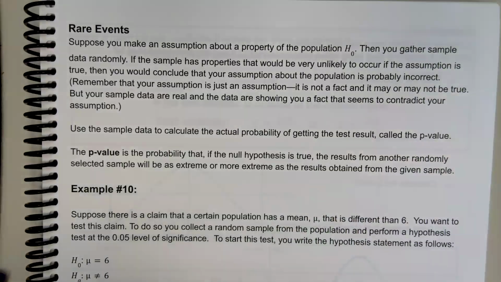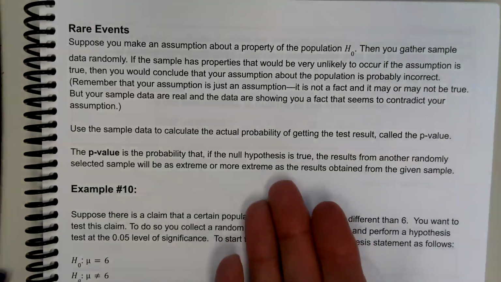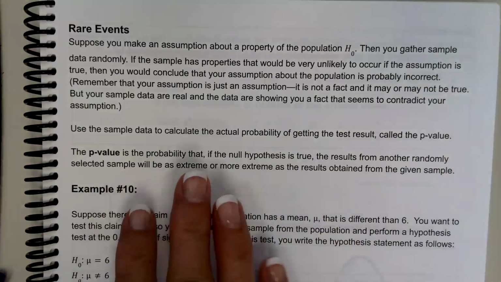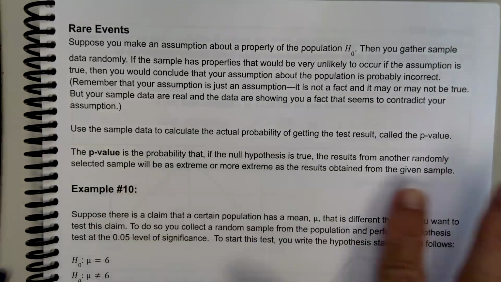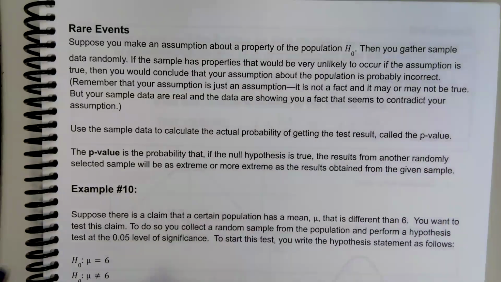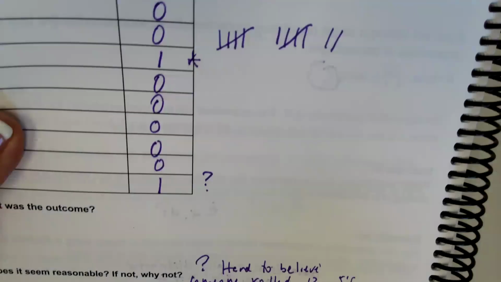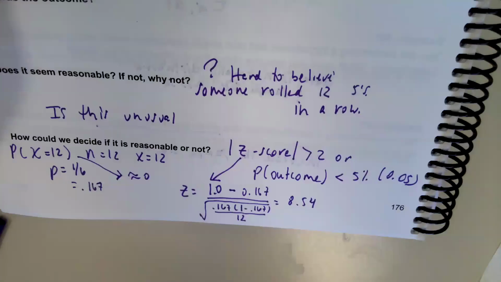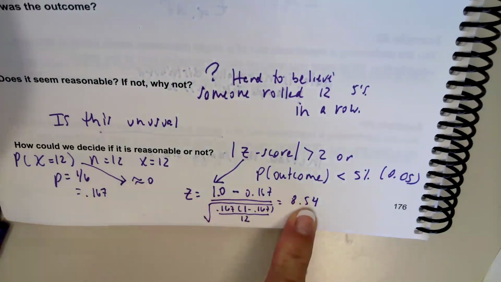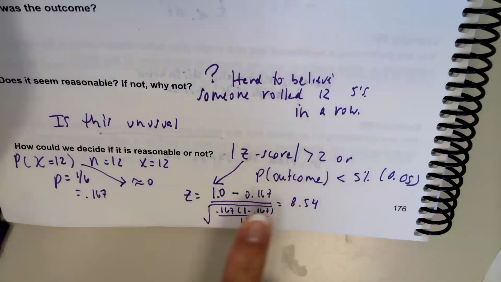So that means looking at the rolling of the die that we just did, what is the probability of getting 12 fives or more? And we said that it was almost zero. And that would be about 8.5 standard deviations above the average. So very, very, very unlikely.